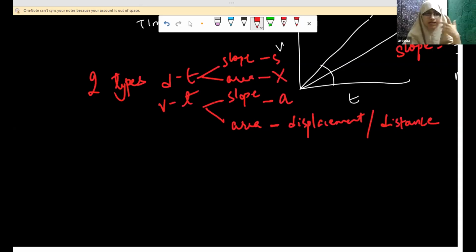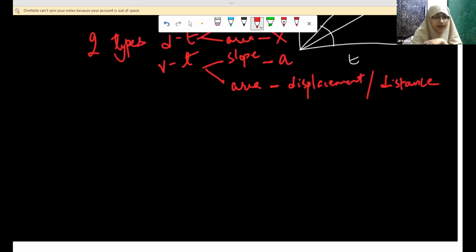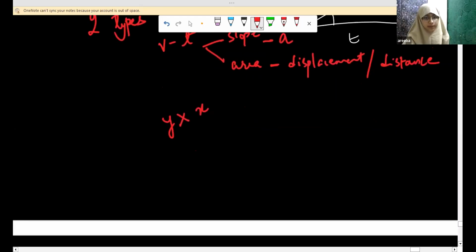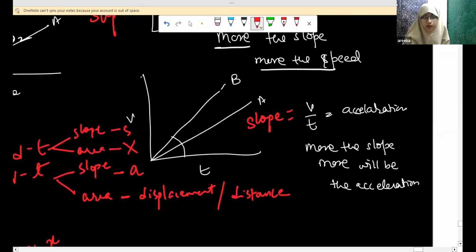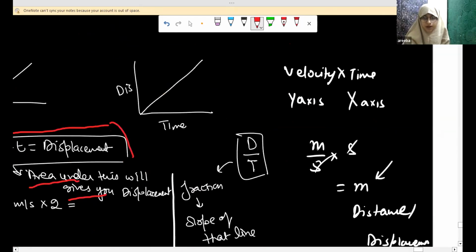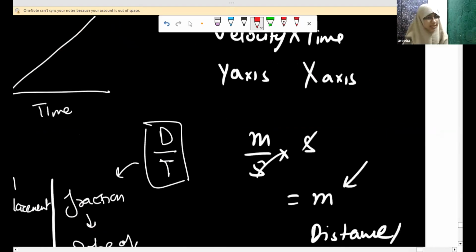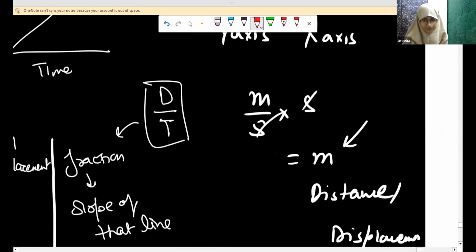Okay. Ma'am, what is area? You told us that by doing y upon x, we can calculate the slope. But how are we supposed to calculate the area? It is y-axis into x-axis. So if I am multiplying velocity into time, y-axis into x-axis, I will get displacement.